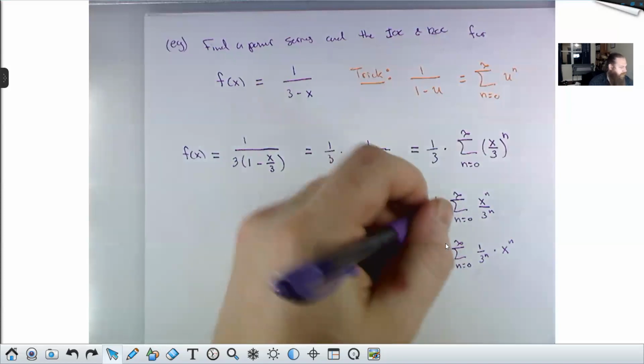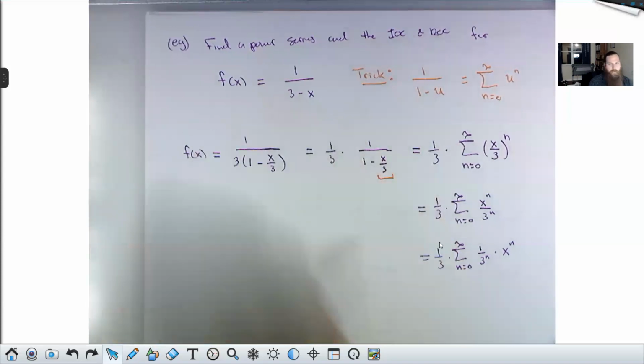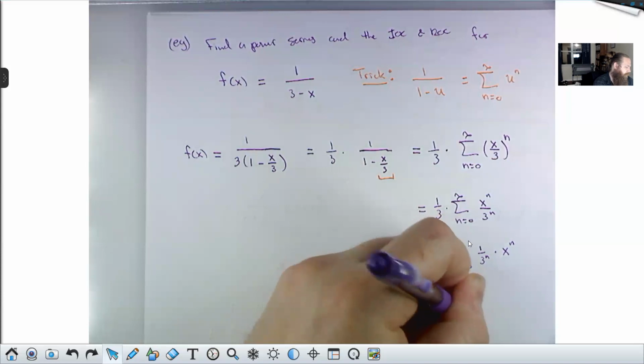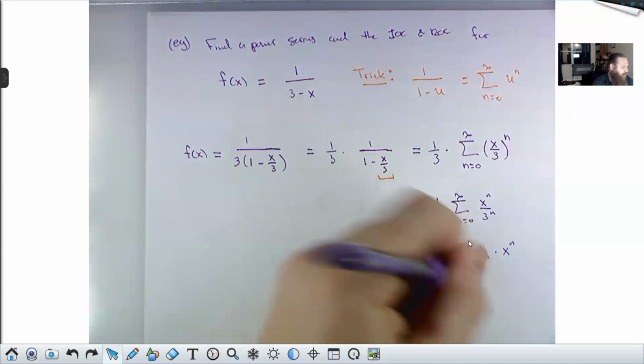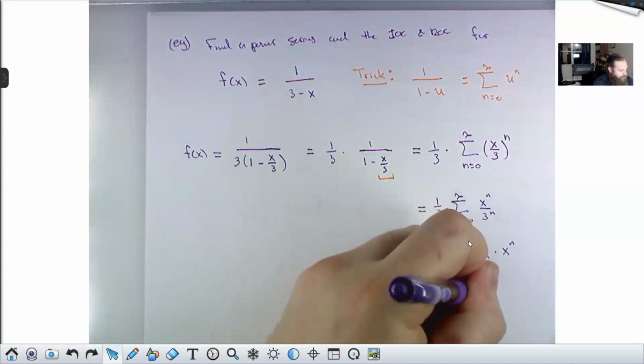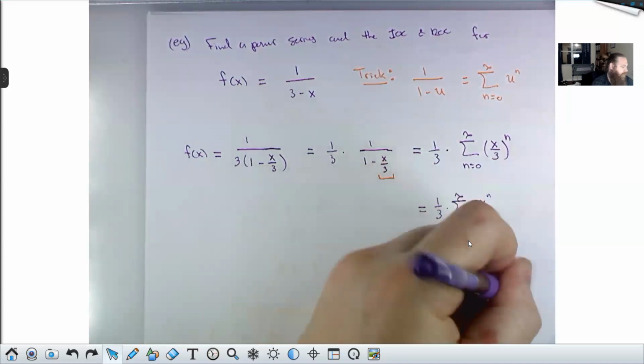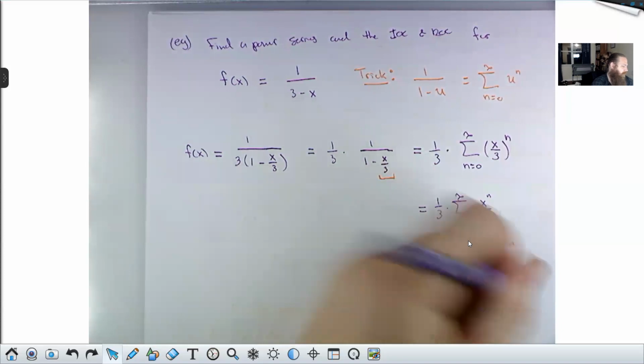But before we call it a day, this constant multiple out front, he can come inside. I don't want stuff out here. I want it all in here. So this is sigma n from 0 to infinity 1/3 times 1/3 to the n. I'll write it out like this, just this once, times x to the n.